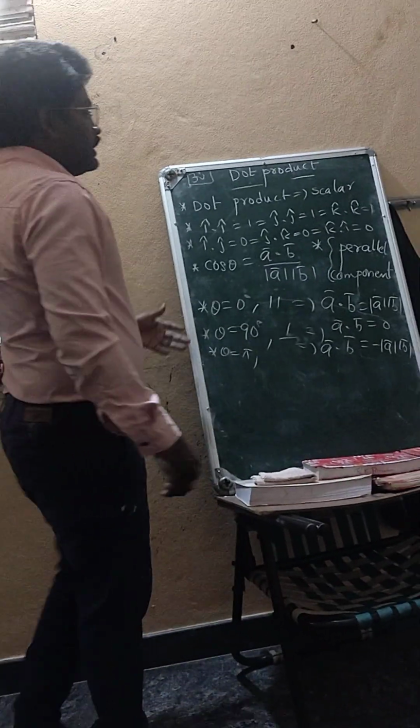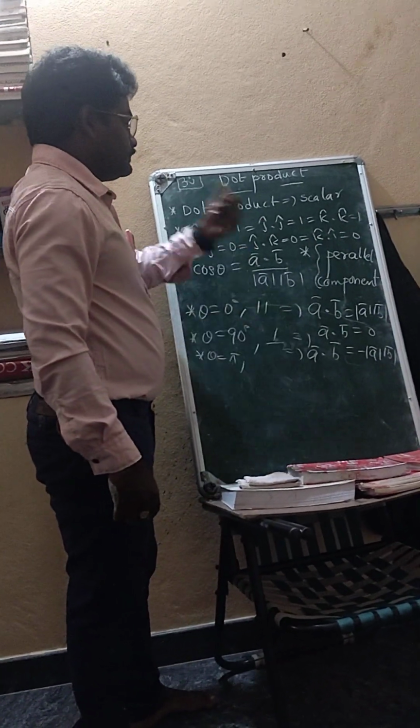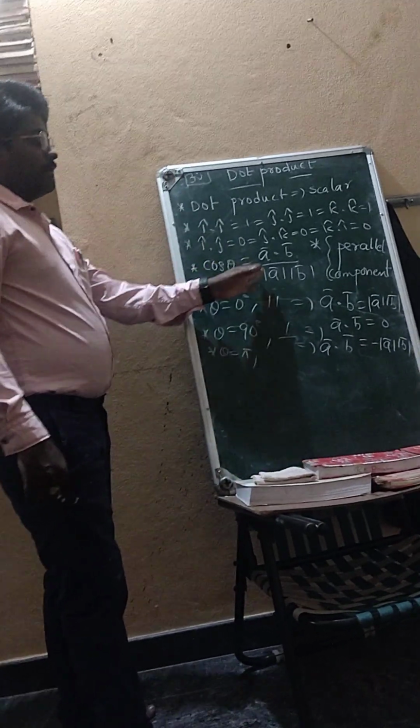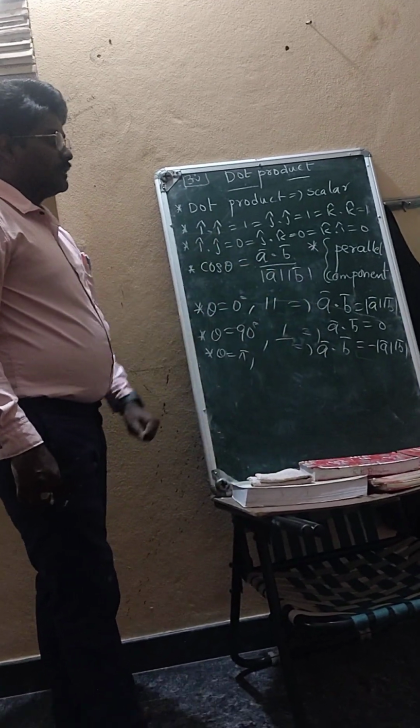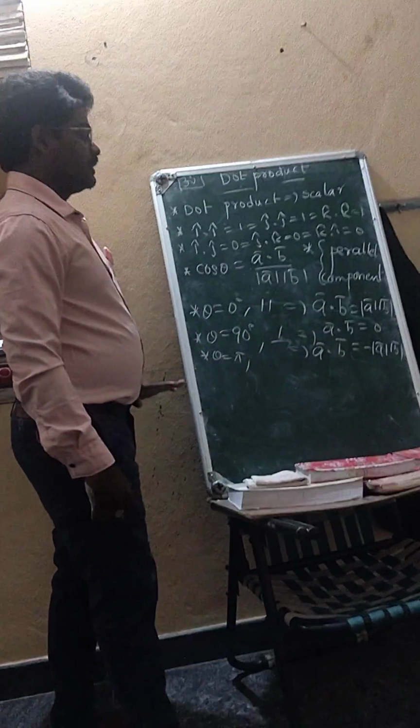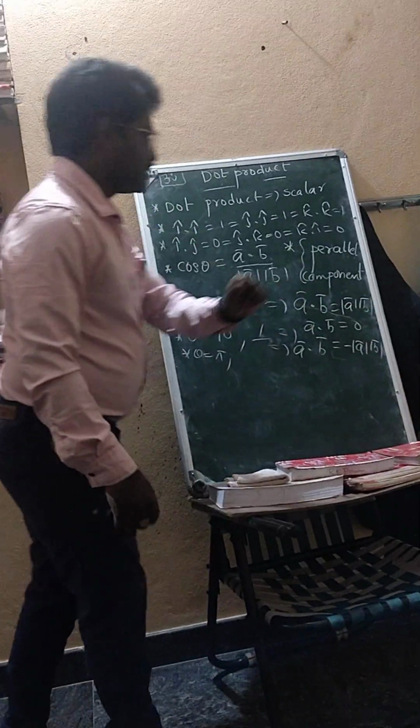Next, entering the proof of cos theta equals A bar dot B bar divided by magnitude of A bar, magnitude of B bar. For the parallel component, theta equals 0, parallel: A bar dot B bar equals magnitude of A bar, magnitude of B bar.